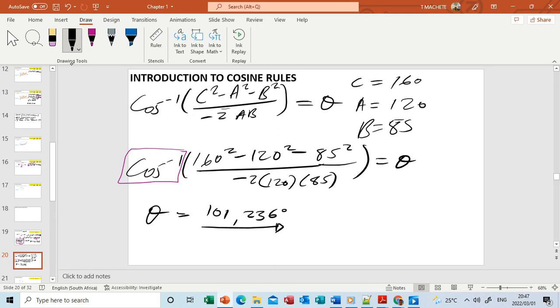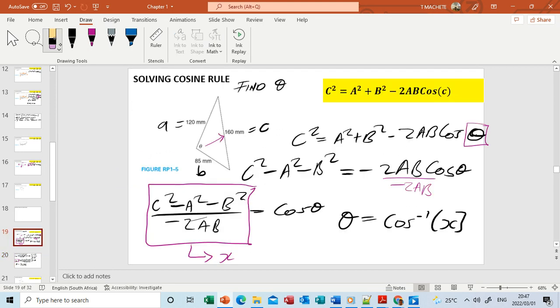Yeah, true. Okay, to make this interesting, let me show you. I go back and substitute that value. This is just additional information. I know that this is equal to 101.236.